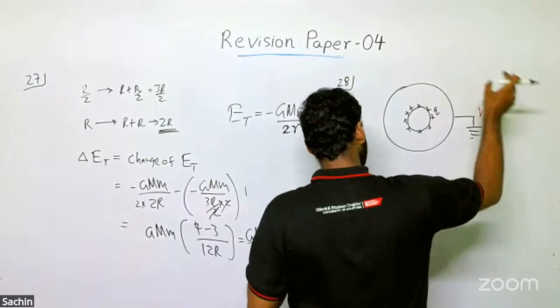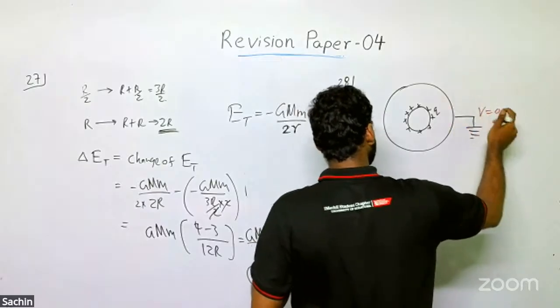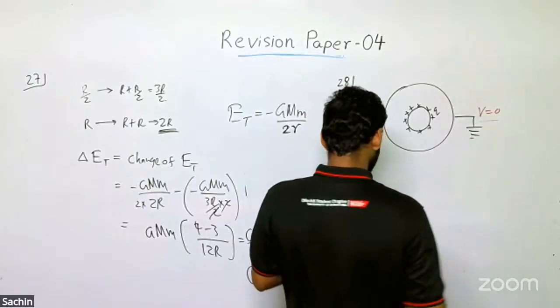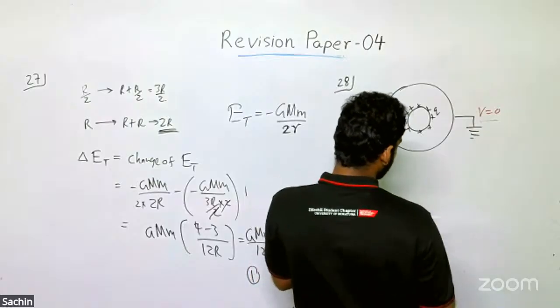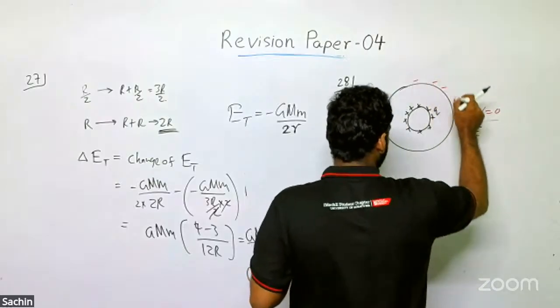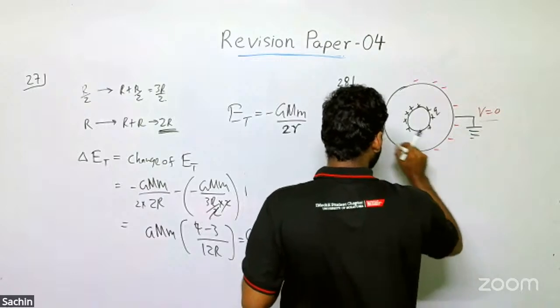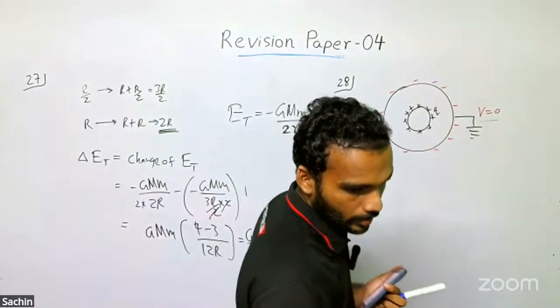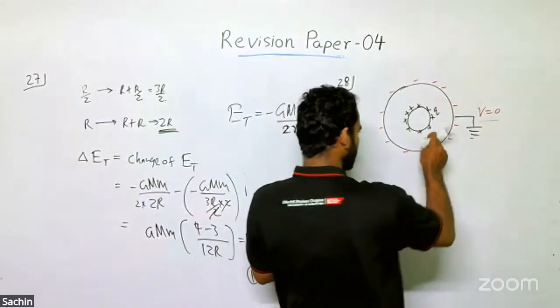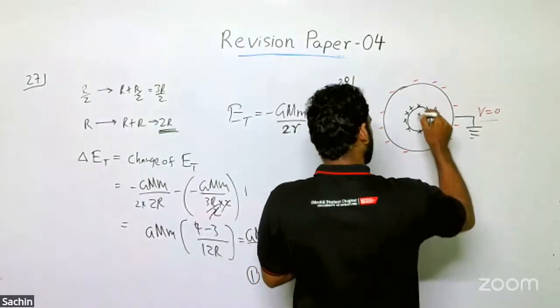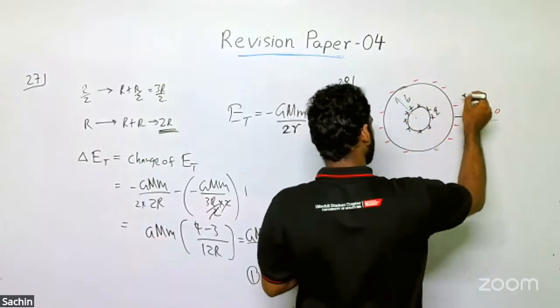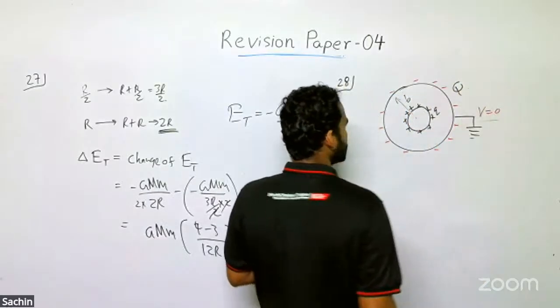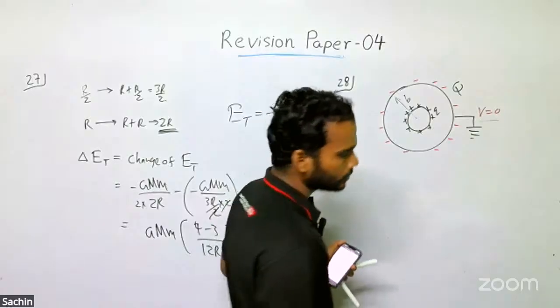So a charge is induced such that the total potential is zero. So to make the total potential zero, there should be a negative potential developed by a negative charge which is equal in magnitude to the positive potential developed by the charge inside. Okay, so the radius is V here. Let's say the charge induced is capital Q.